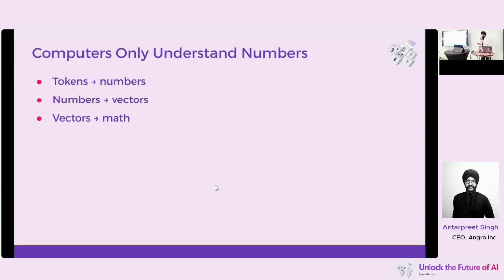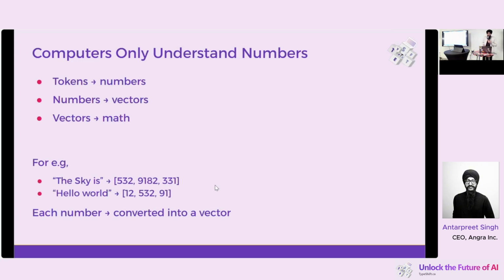So the tokens from the input text get converted into token IDs, which are numbers. Then these token IDs get converted into vectors, because now we're talking about math. In the end, it's all maths with those numbers, and these vectors are used in mathematical equations. For example, the initial prompt that we had, "the sky is", gets converted into token IDs.